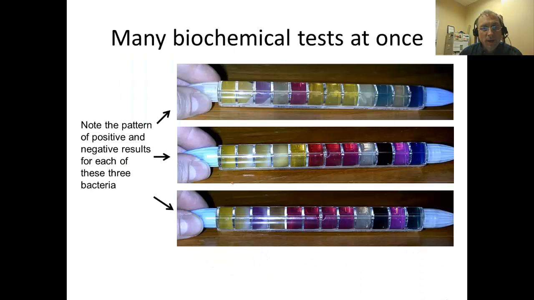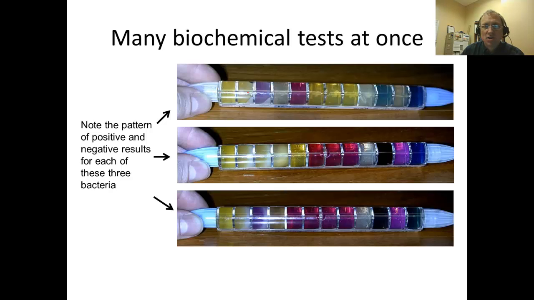We can run many biochemical tests all at once, which can help us get our answers somewhat more quickly. The device we see held in this scientist's fingers is called an Enterotube, and you can see it's divided up into a bunch of different sections.